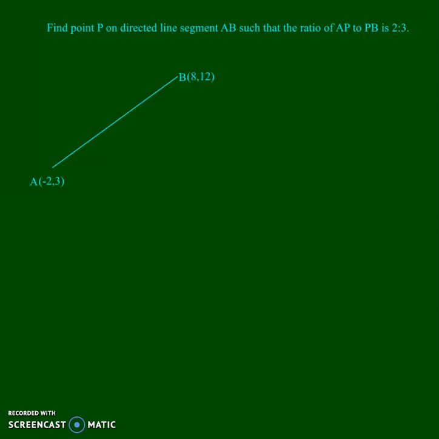In a previous session, I showed you how to partition a line segment on a number line. In this session, I'm going to extend that concept and show you how to partition a line segment on an XY coordinate plane. In this case, we have this line segment AB, which has coordinates A (-2, 3) and B (8, 12).